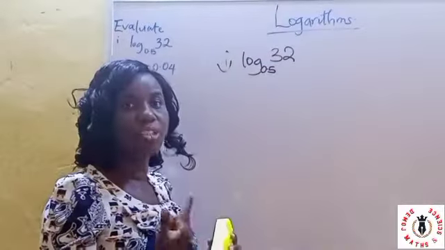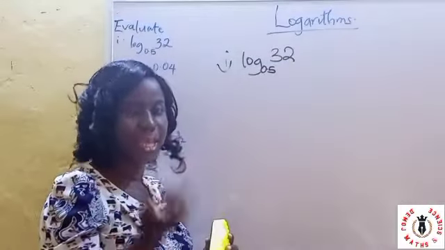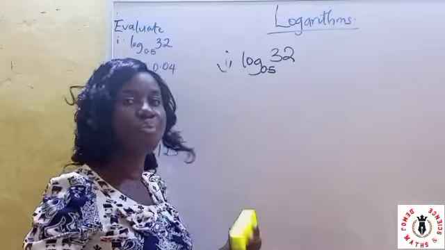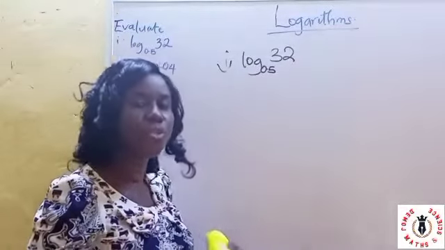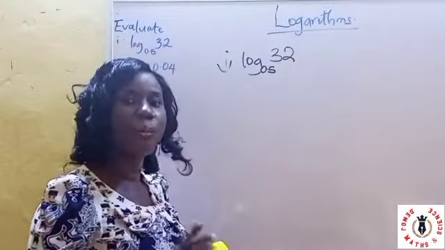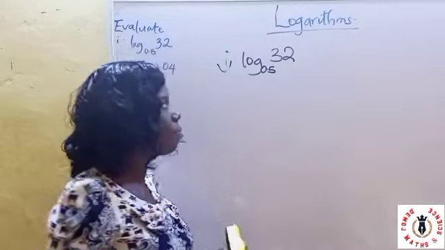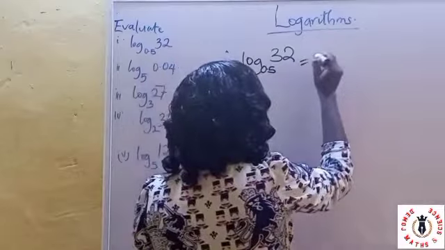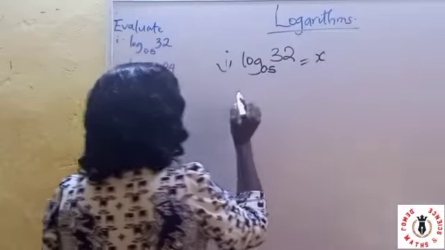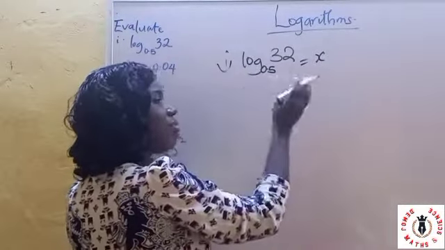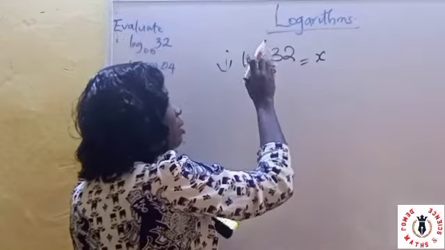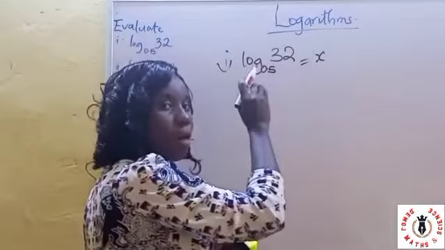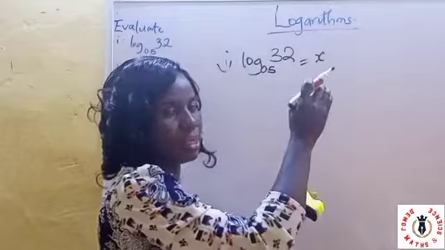So I would prefer to use the letter X. Sometimes I might use B, I might use C. There is no specific letter to be used. So I'm going to use the letter X. So I can say that log 32 to the base of 0.5 is equal to X.